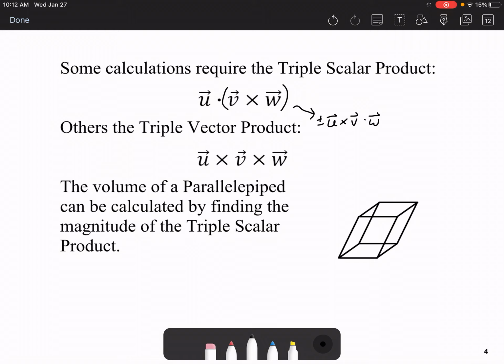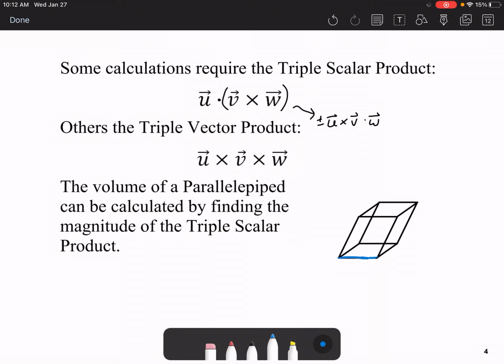Other calculations require the triple vector product, which is just U cross V cross W. And again, you can cross any of the two first, and then work out the second one next, and it just might be a multiple plus or minus of that value. Now, a parallelepiped, which is kind of like a cube that's been transposed into making a parallelogram on all sides.